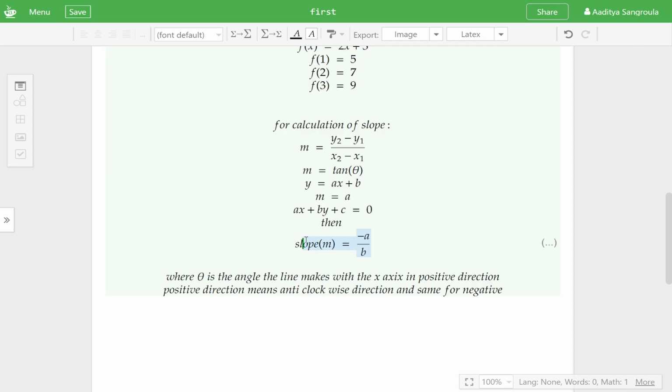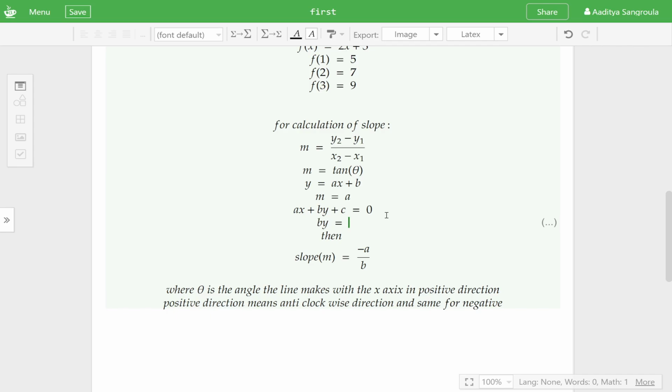And how do we get this? Well, we change this equation in this form. You can just keep y separate. Okay, let me do it for you guys.